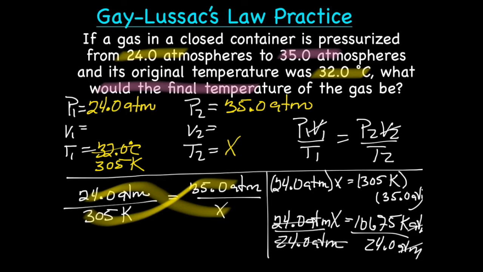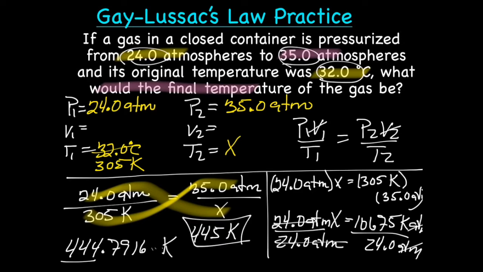The atms cross out, and that gives us 444.7916 and so forth Kelvin. Let's check ourselves. Our pressure started out at 24, ended up at 35, which means pressure increased, which means temperature should also increase. We have 305 K and ended up with 445 K. So looks like we did it right.